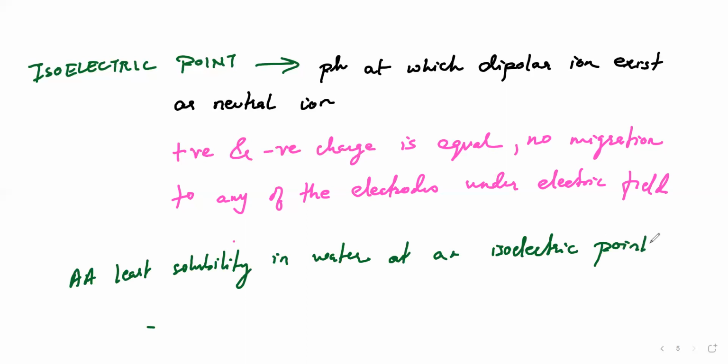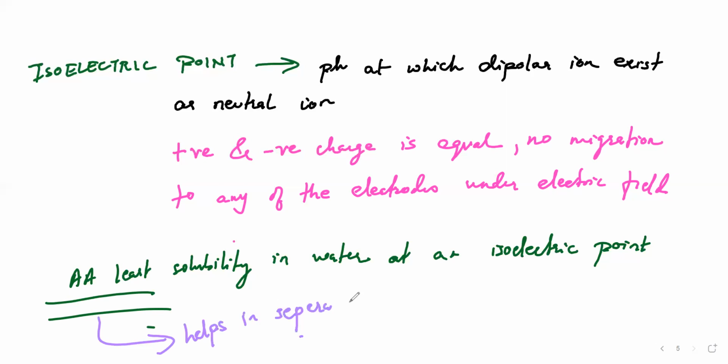So because they have least solubility in water at their isoelectric point, it will help in separation. If you want to separate the amino acids from one another, you can use this point, that is isoelectric point, because of its least solubility. And when that particular ion reaches the neutral state, wherein there is no taking in or giving out of charges, then you can easily separate two or more amino acids.